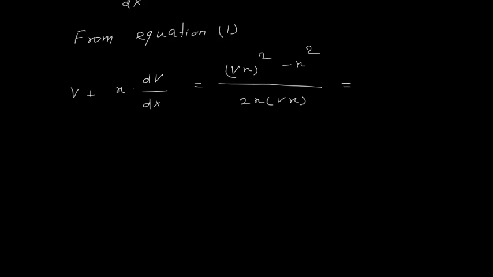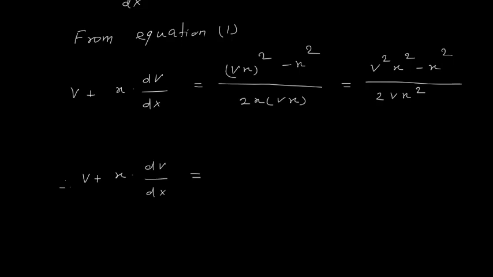So this will become v square x square minus x square divided by 2v x square. So therefore we have v plus x into dv upon dx is equals to, x square we will take common, here it is v square minus 1 upon 2v x square. So this x square will cancel.